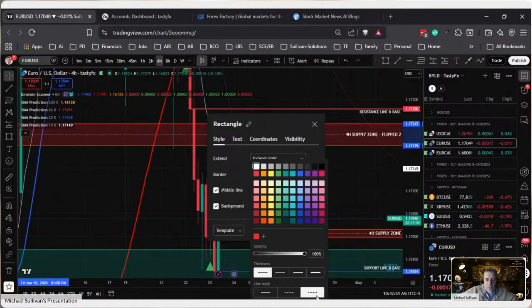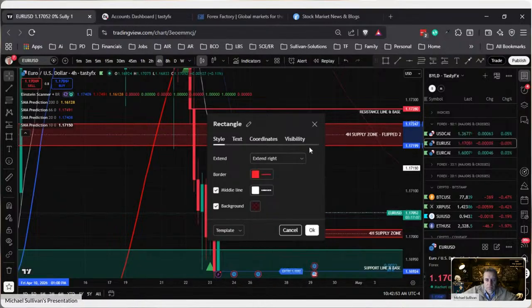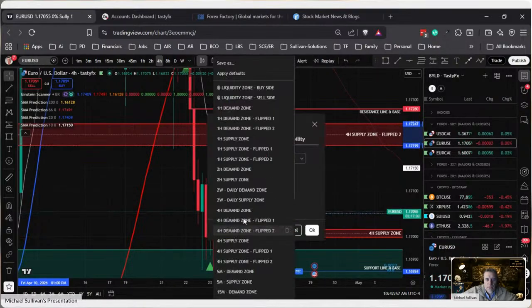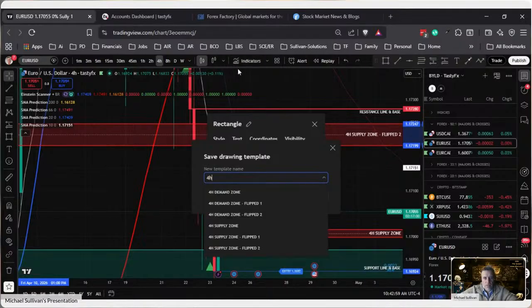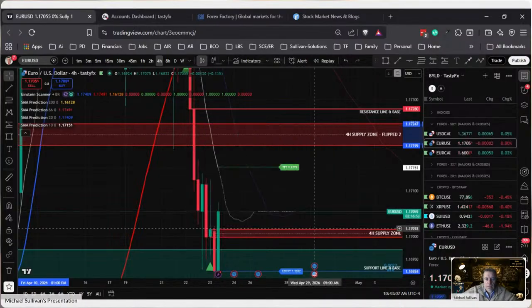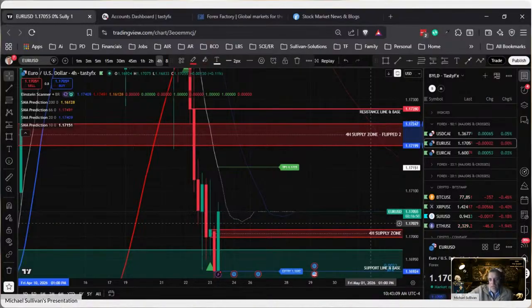White, boom. Okay, and then I'm going to save as 4 hour. There we go. So now going forward, that 50% line will be there. And if price breaches this, then this goes away.